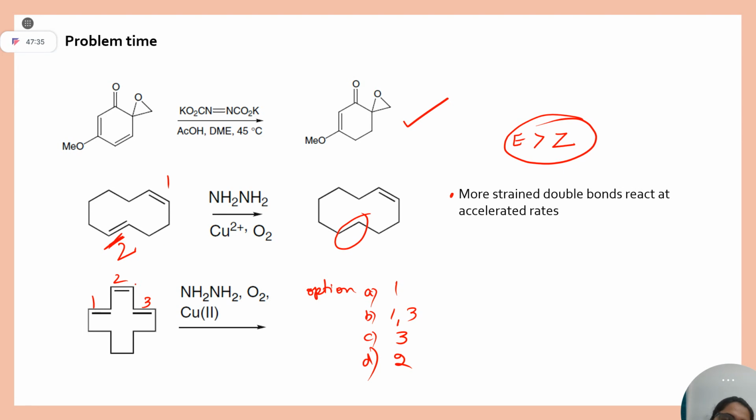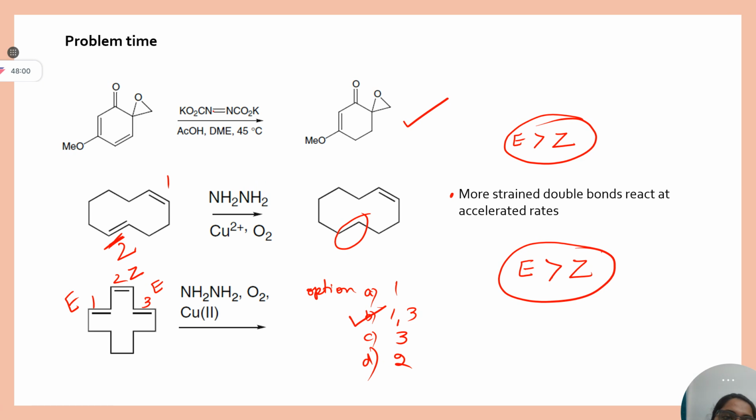So students, this is your Z olefin, this is your E olefin. Okay, and we all know very well that E olefins are selectively reduced in presence of Z. So the correct answer for this is option number B. Correct. Okay, if you want to write in the chat box, it is problem time. You can write it like this: problem time. Question number third and your answer.